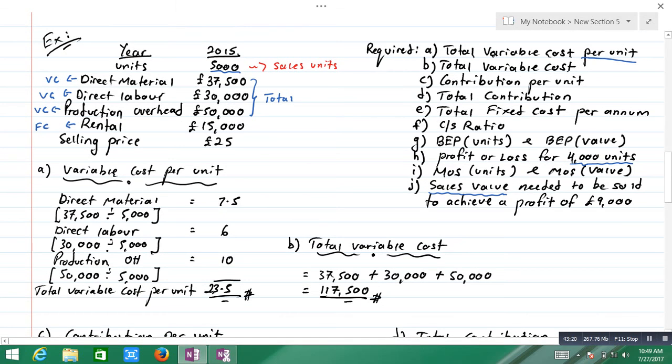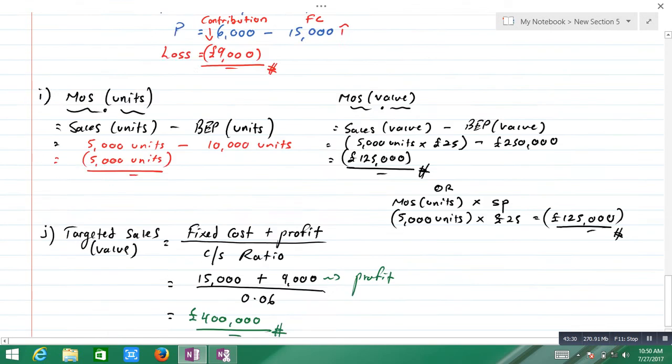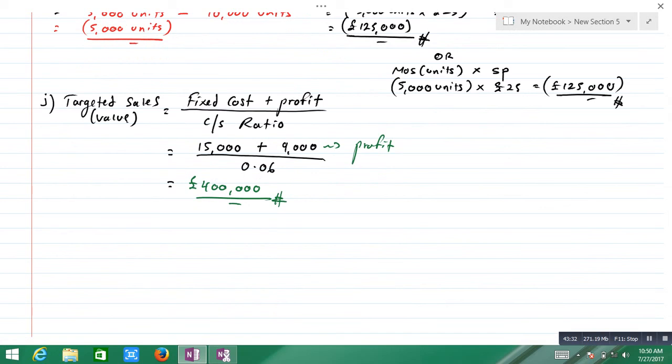That will give you the answer. If they want the sales units, 15,000 plus 9,000 divided by 1.5 will give you 16,000 units.